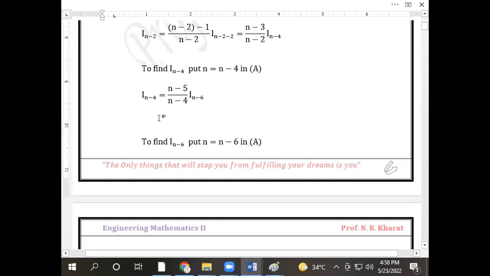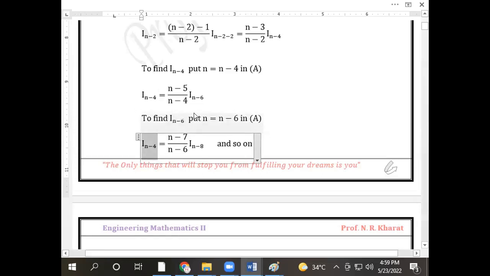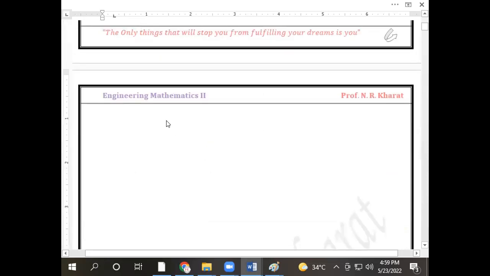Means it reduces to I0 or I1. This is the value for my I6. In a similar way, we can make the calculation up to where we get the value for I2.